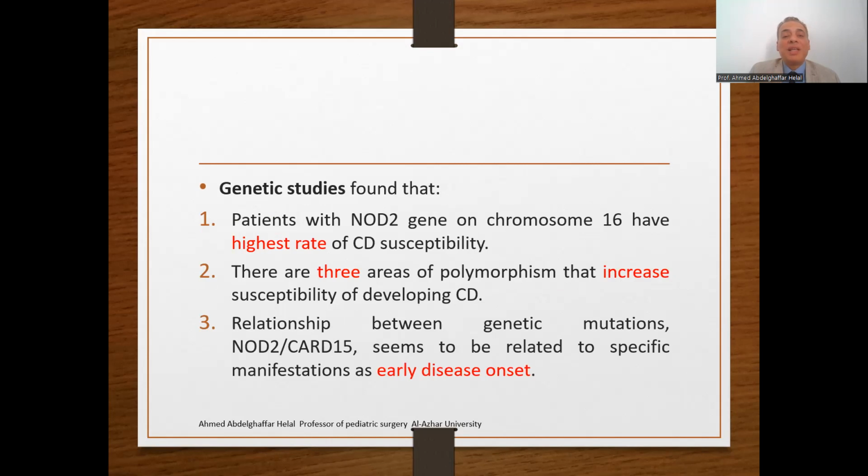Also, there are 3 areas of polymorphism that may increase susceptibility for the development of Crohn's disease. Also, some genetic mutations seem to be related to early disease onset in children.